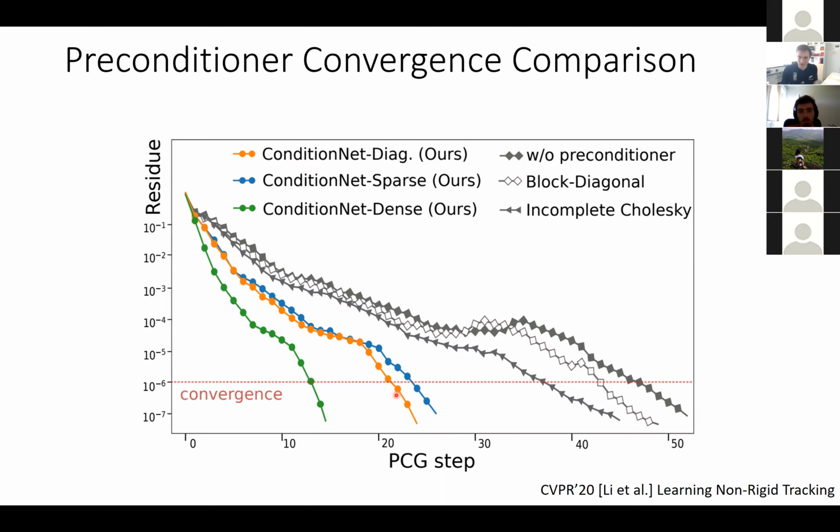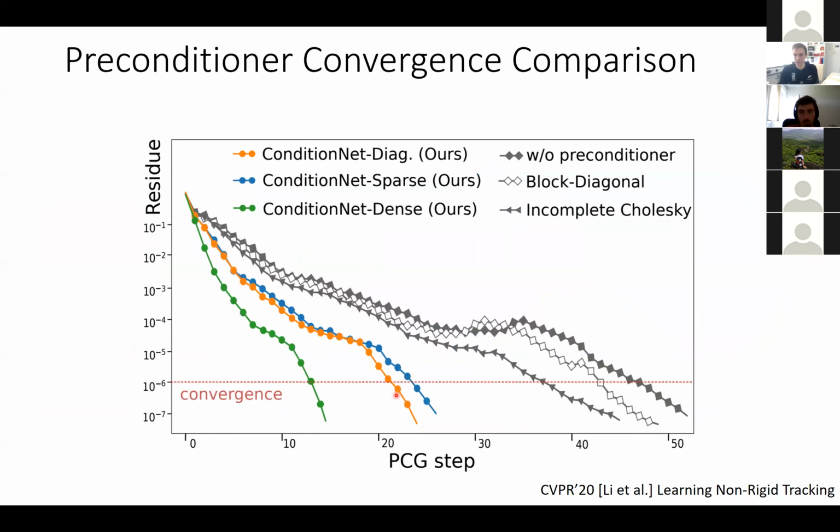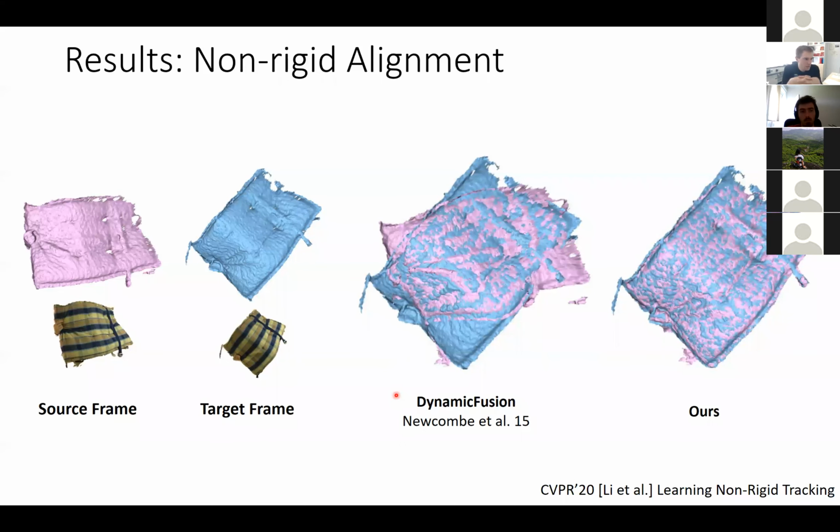Yeah, we have a couple of comparisons here. Again, we compared against DynamicFusion. This is also trained on the DeepDeform data set, the same scenario that you've seen before. So we have the ground truth, so this is still a supervised problem. This is our non-rigid alignment result. Again, this is a very simplified framework. There's no complete reconstruction framework, and the deformation graph is just the pixel grid.